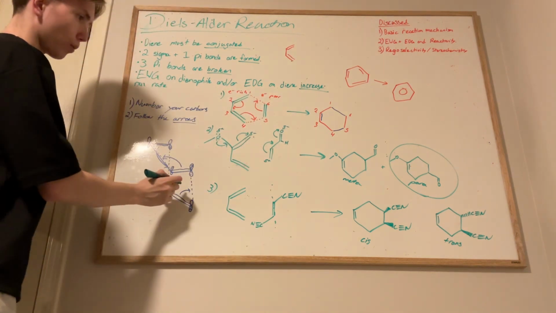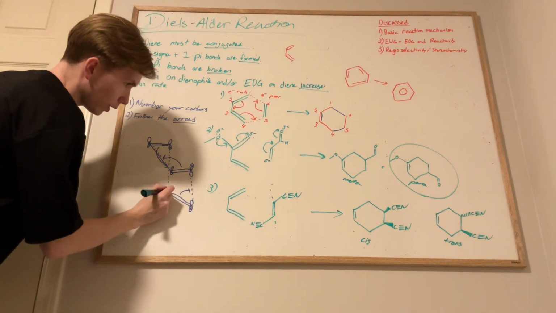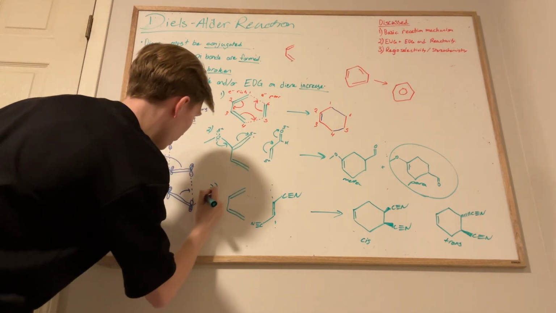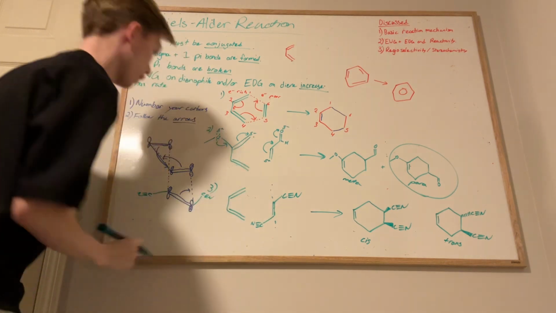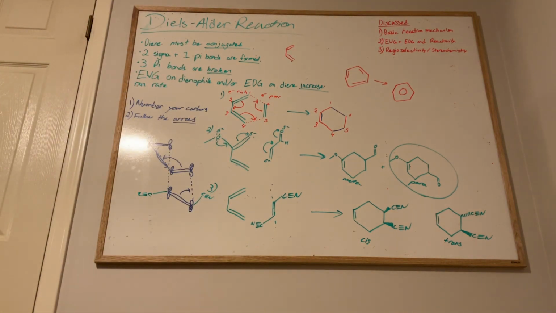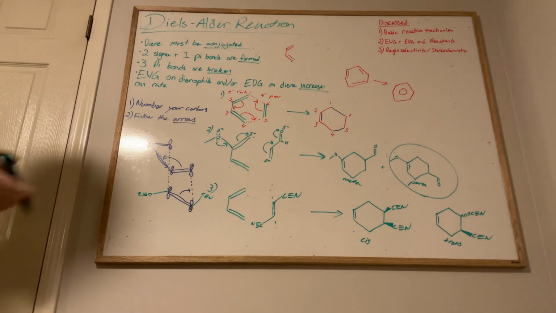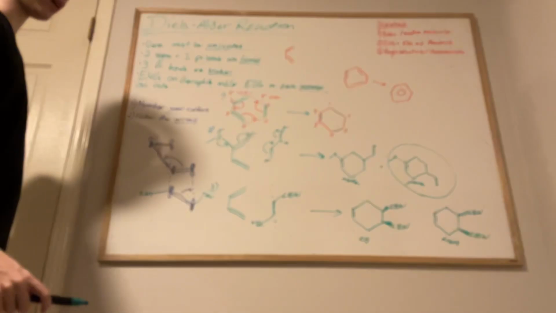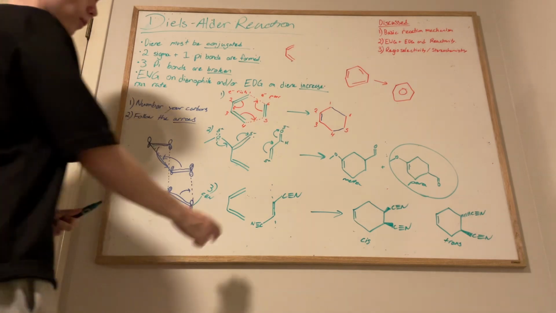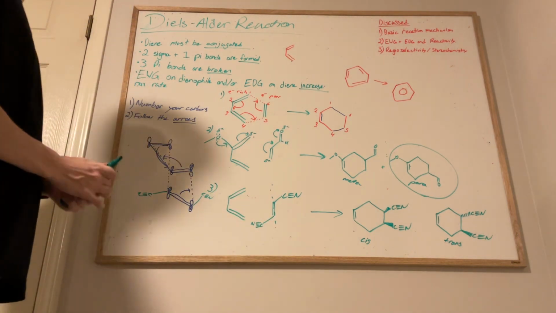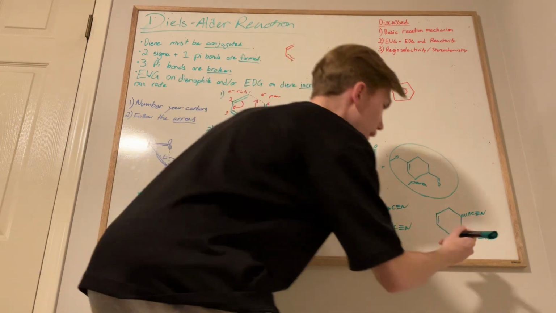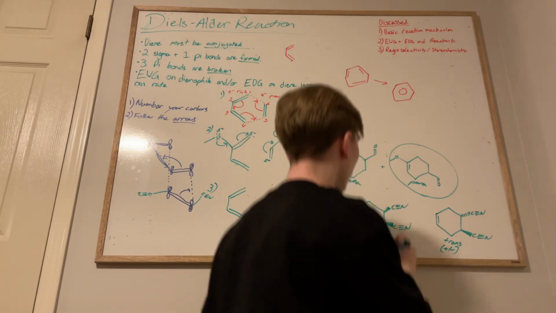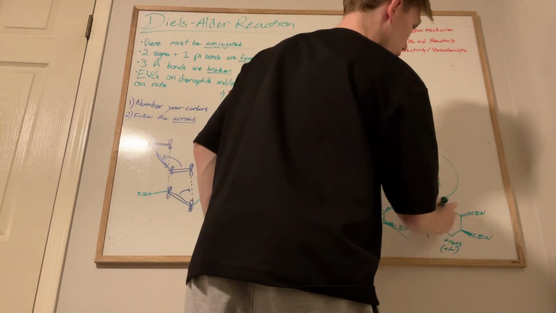If we think about this in three dimensions and we put these on here, well, we know we're going to have this over here, and we're going to have this over here. So because they're on opposite faces, if we think about flattening this molecule out, like pulling it like this, they're going to point on opposite sides, right? And so when it's a trans conformation like this, we're going to get this trans isomer, right? But we're going to get a racemic mixture of it. So no cis here, we're going to get trans.